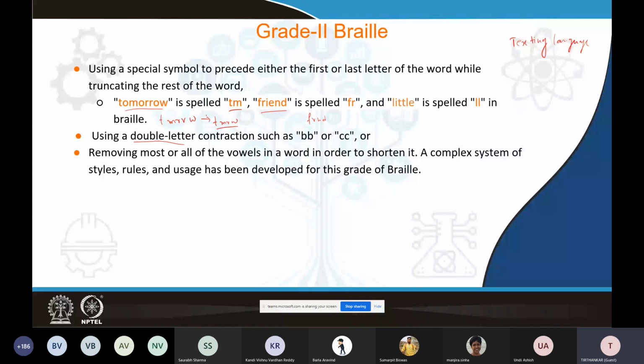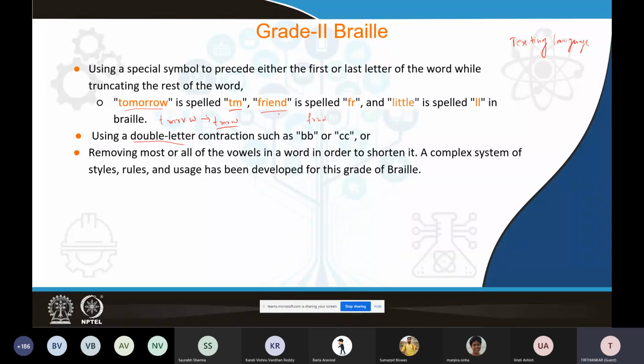So you can think about some other words and try to do this kind of contraction. You will find that these rules actually help you get the contracted form.